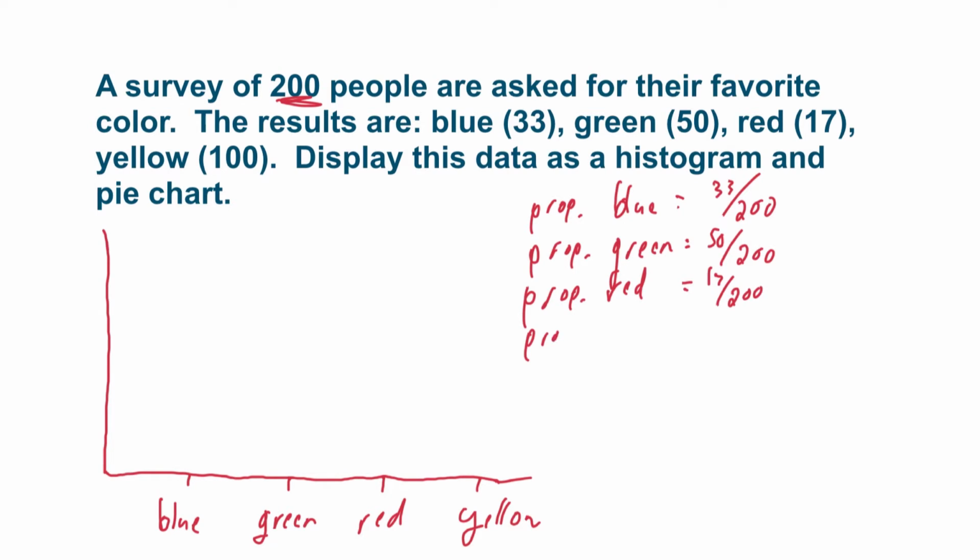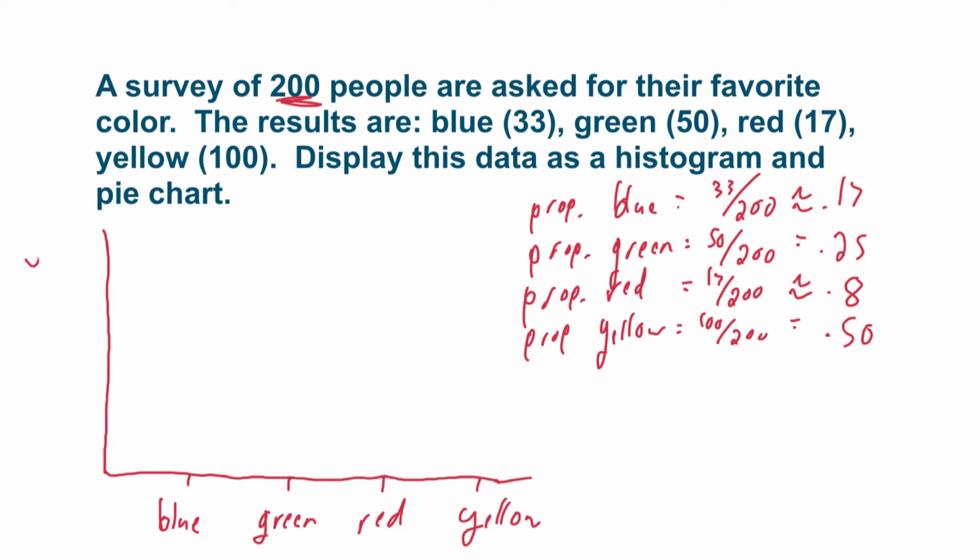And the proportion of yellow is 100 in 200. So this is about 0.25, well, it's exactly 0.25. This is exactly 0.5. This is something like 0.17. And this is something like 0.08.